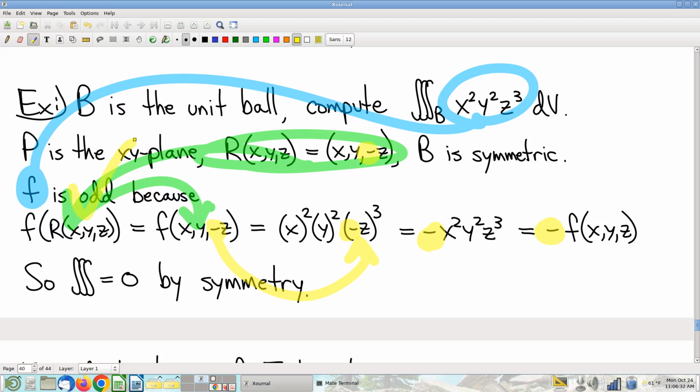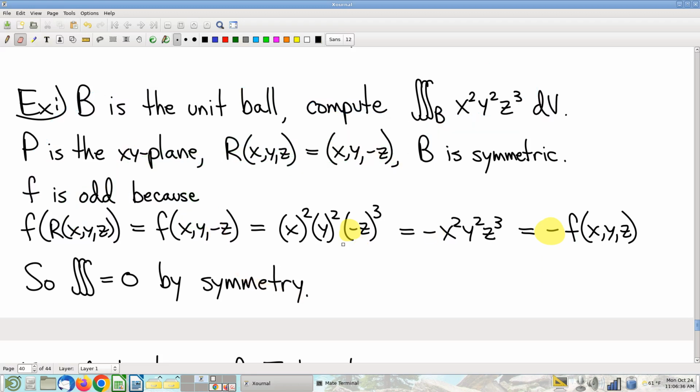Now, last thing I'm going to say real quick. If you're curious where I got this choice, why did I use the XY plane? I kind of reverse engineered it. As I went through this algebra, I was thinking, what do I want to happen in here? You see this 3 here, and given that 3, I think, you know what, I'd really like to have a minus sign there.